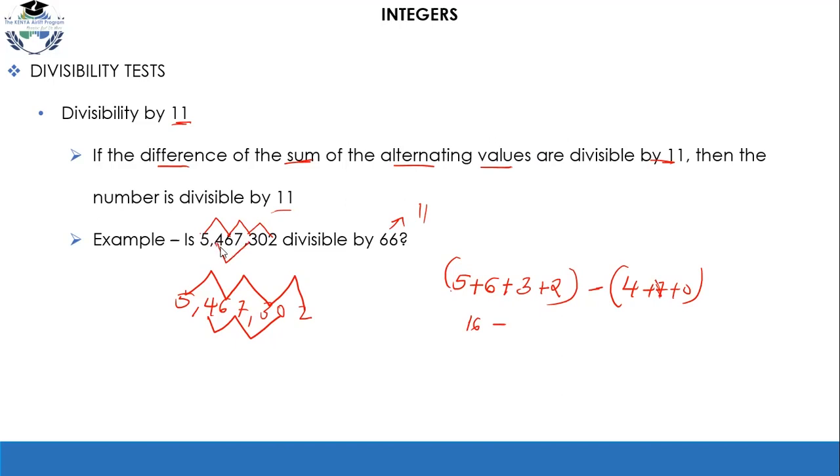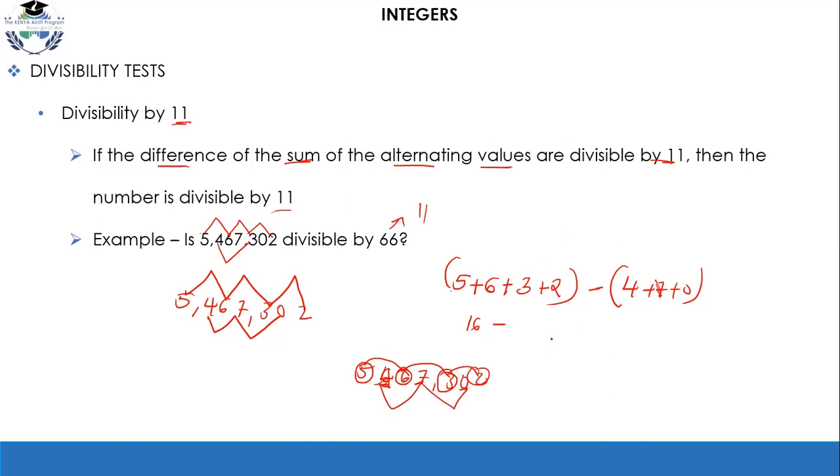So this one, skip one goes with this one. Skip one goes with this one. Skip one goes with this one. Then this one, skip one goes with 7. Skip one goes with 0.